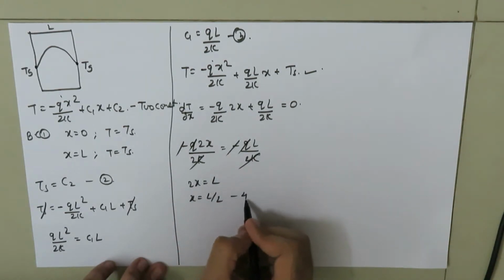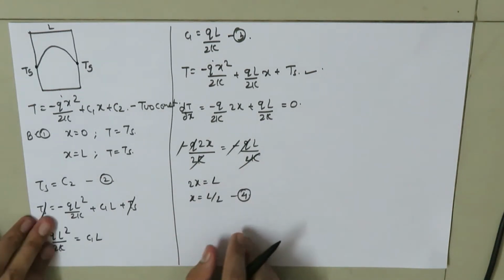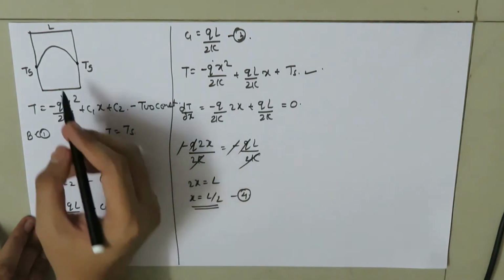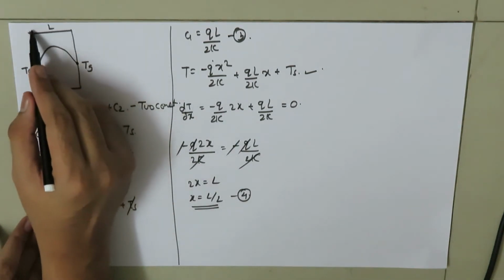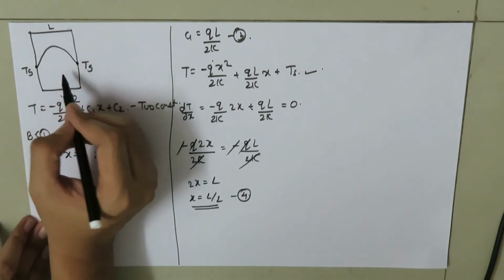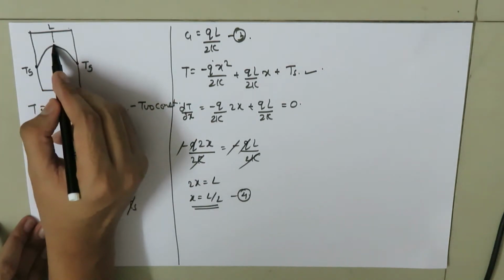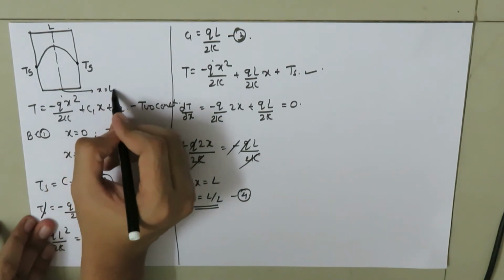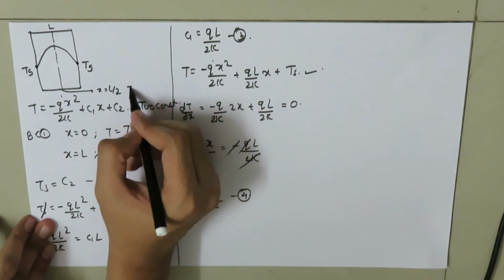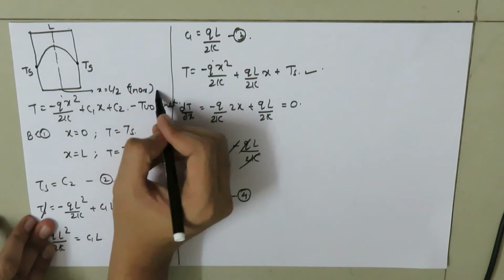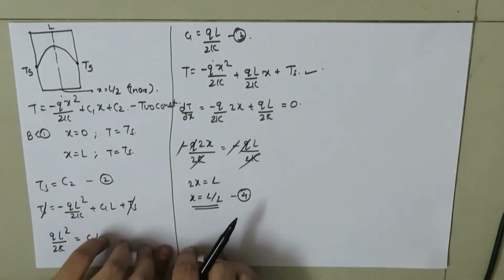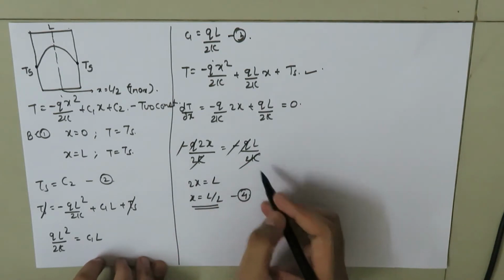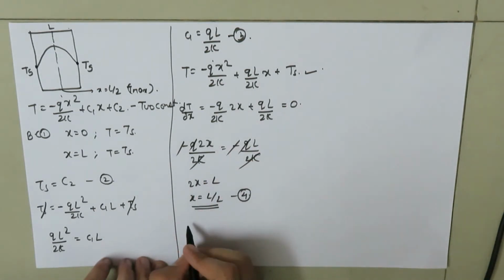Let's call it equation number 4. It means the temperature is maximum when the distance is L by 2, and we have considered that the thickness of the slab is L. So at x equal to L by 2, exactly at the center, the temperature will be the maximum temperature. Now we are going to put this into the equation.